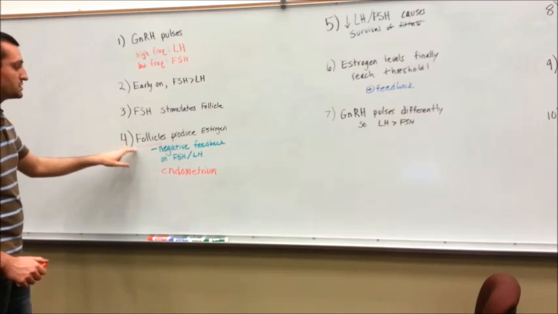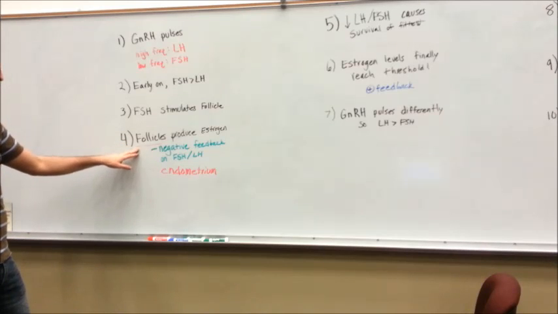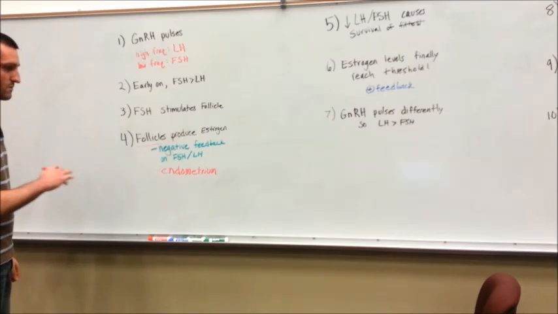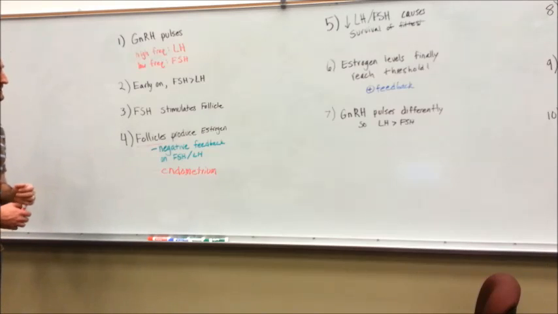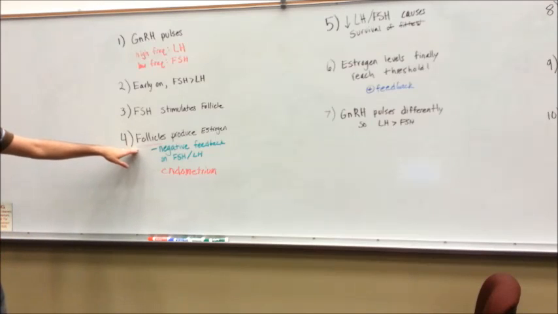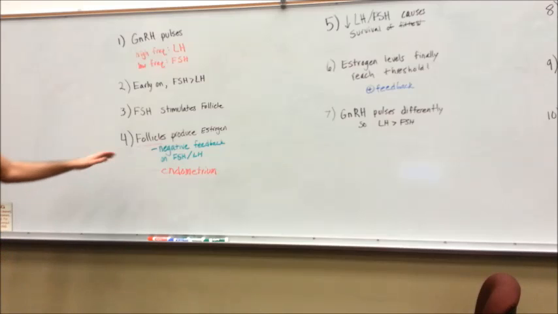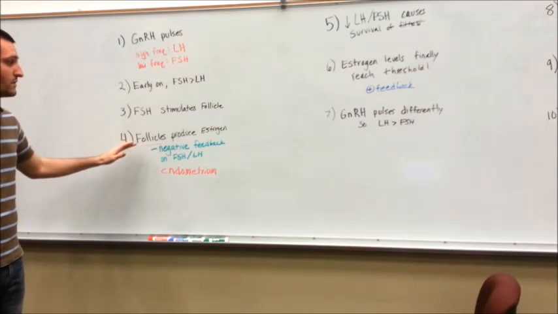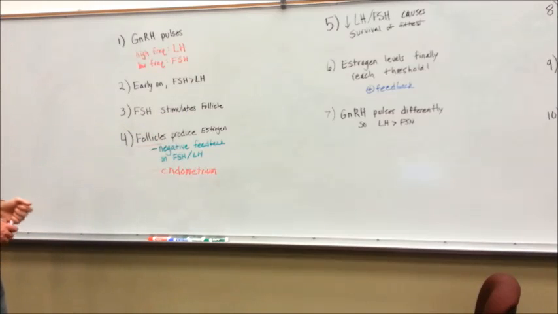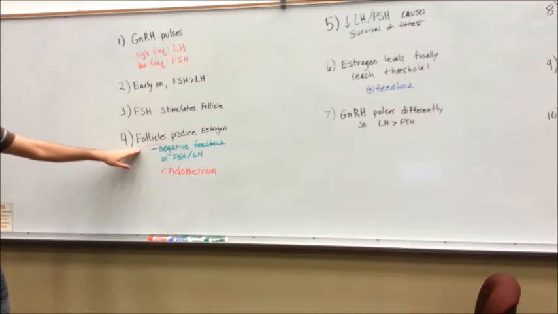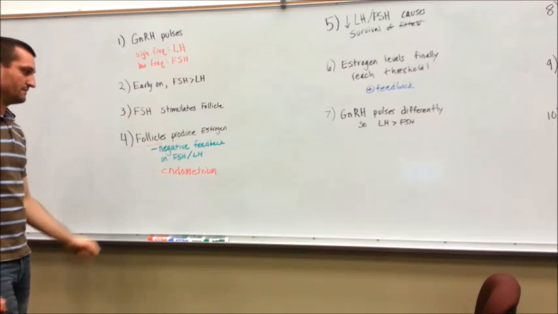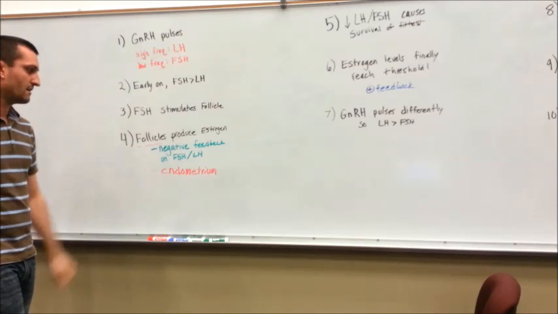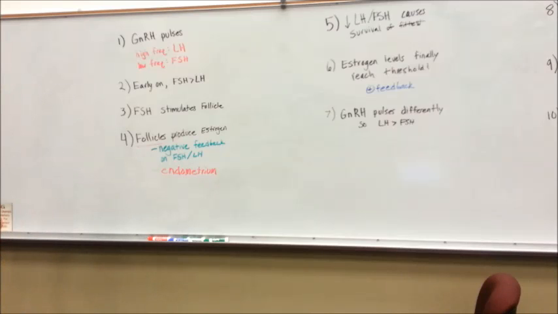The most mature follicle at this point is going to take over. All the other ones are going to go off and die, but the most mature follicle will take over and keep producing estrogen. So that's why our estrogen levels keep rising. This mature follicle is still producing estrogen despite the negative feedback on FSH and LH.